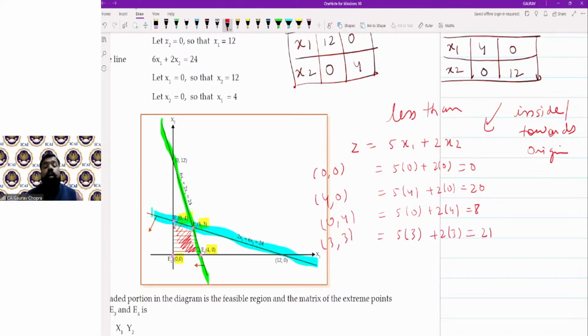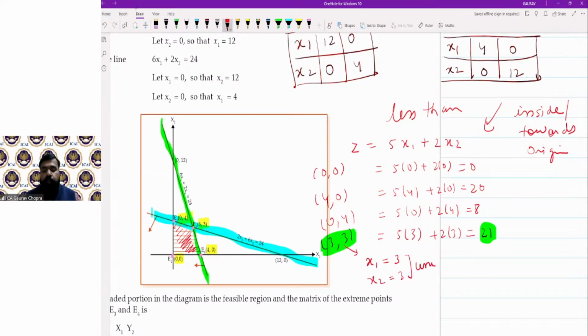21. Now, since हमारा objective क्या था? Maximize. So we have to see the maximum possible value. So which is the maximum value here? 21 we can see is the maximum value. Therefore, 3, 3 is the optimum. That is, x1 should have 3 units, x2 also 3 units.